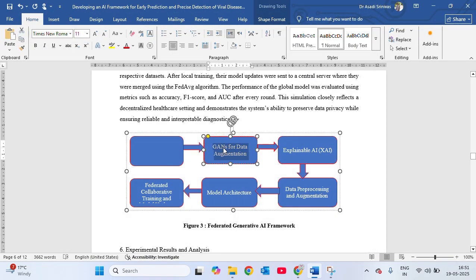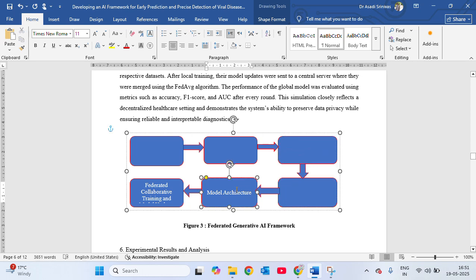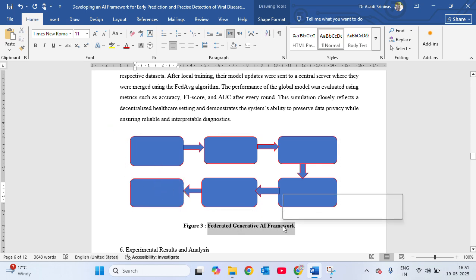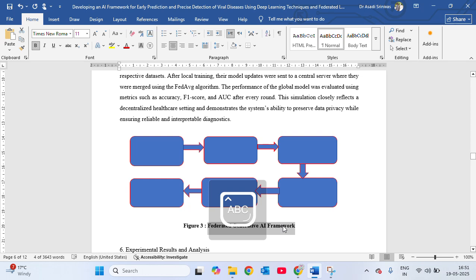So here we are preparing the major components of a proposed work. We have our own proposed work. So the proposed architecture, like that we will write.